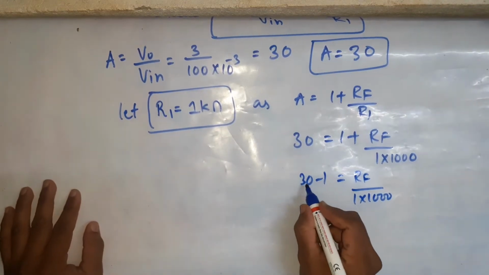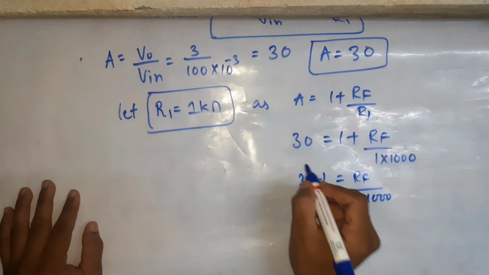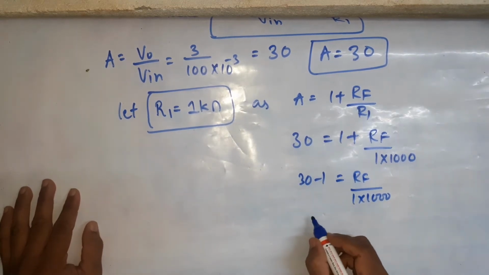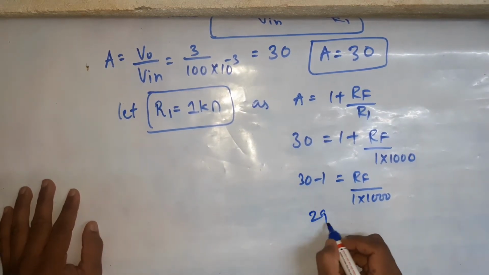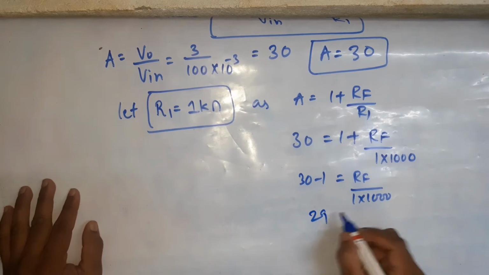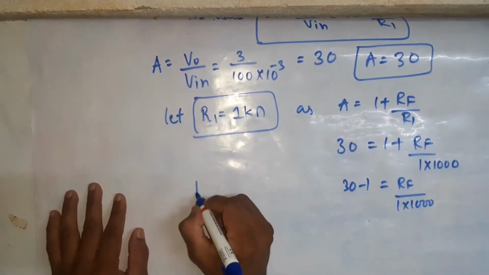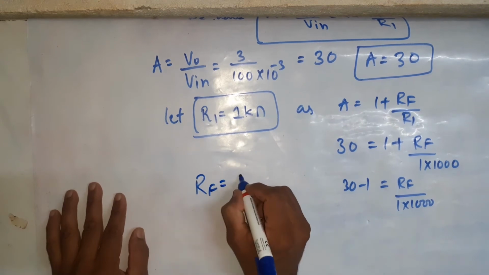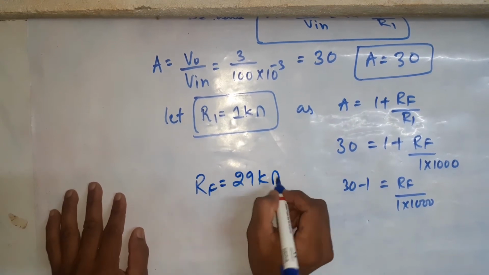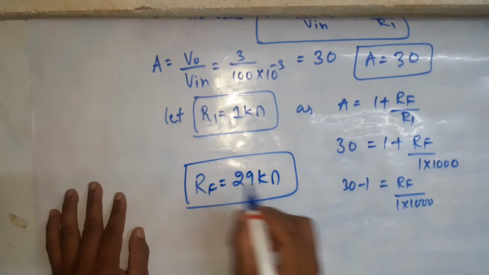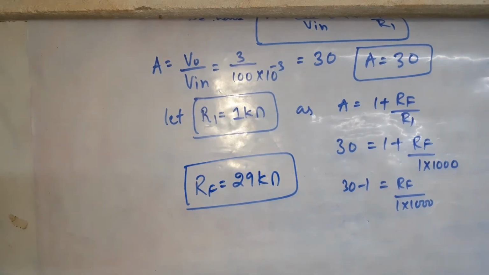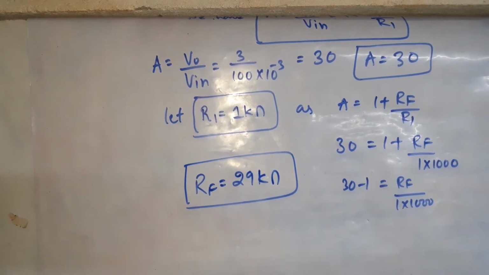This becomes 29 into 1000, that is 29K. So if you simplify this, you will get RF equal to 29 kilo ohm. So this is how you should get R1 and RF.